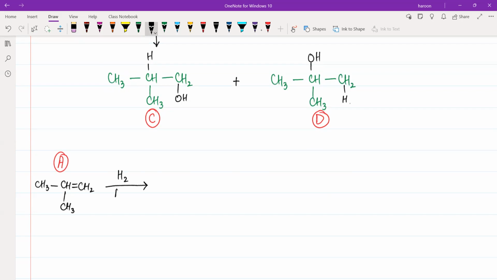We are adding hydrogen in the presence of nickel as a catalyst. 250 to 300 degrees Celsius is the temperature condition. So we'll get CH3, CH, CH3, and CH3.